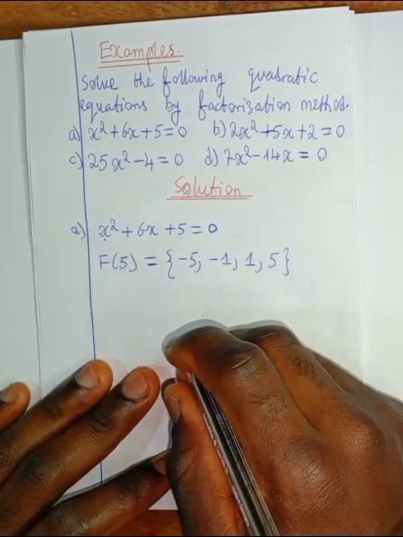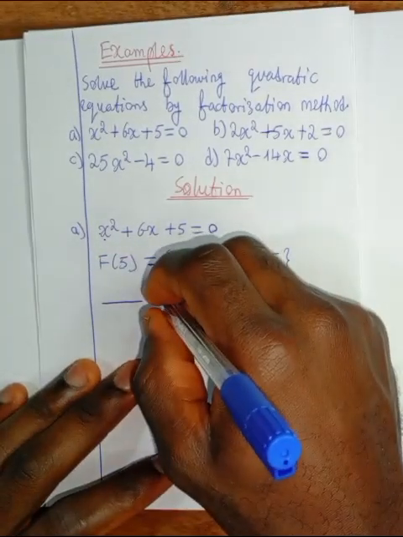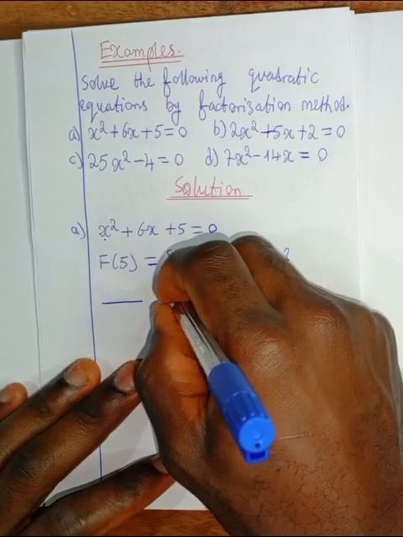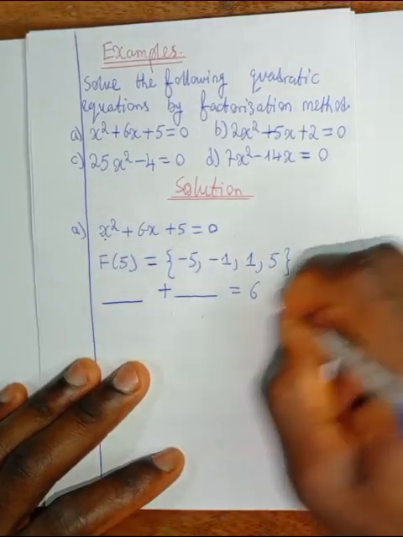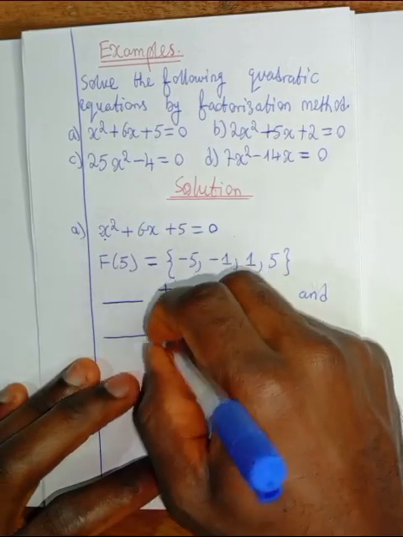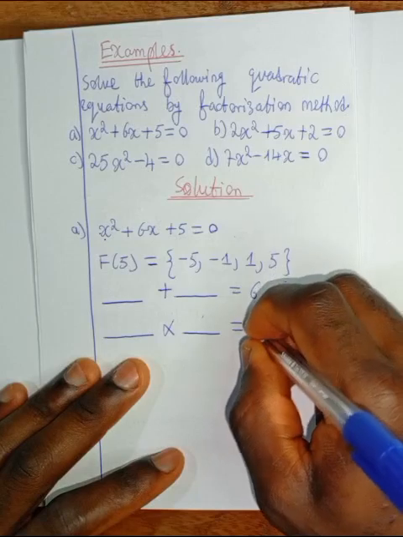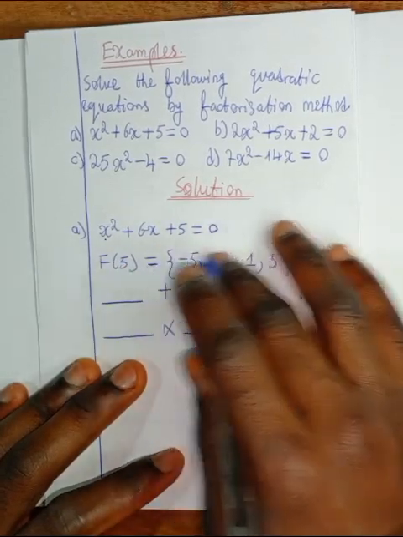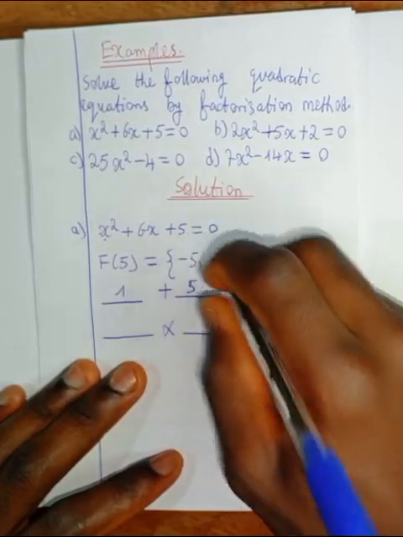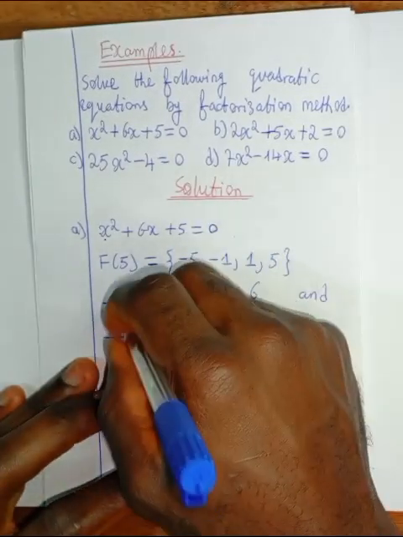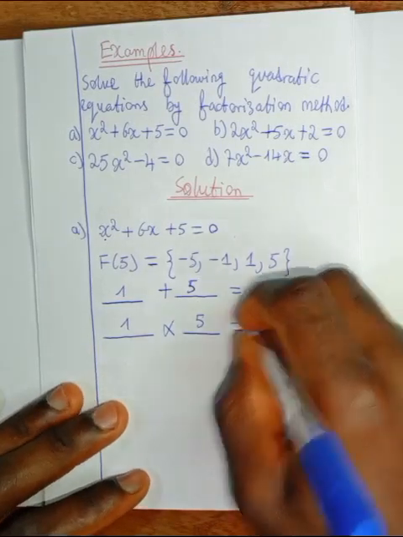Looking at the set of factors of 5, we need two numbers from this set such that their sum is equal to 6 and their product, the same numbers, is equal to 5. Looking at this set, we see that if you take 1 plus 5, it is equal to 6. If you take 1 times 5, it is equal to 5.